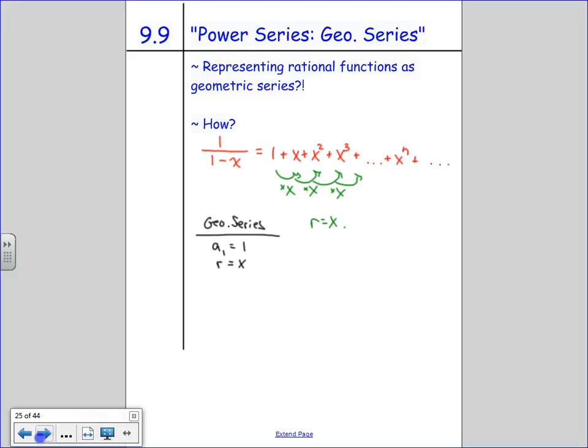So question, does this converge? If it's a geometric series, we should know when it converges. But x is unknown. X is unknown, but does that mean that we can't say anything about its convergence?